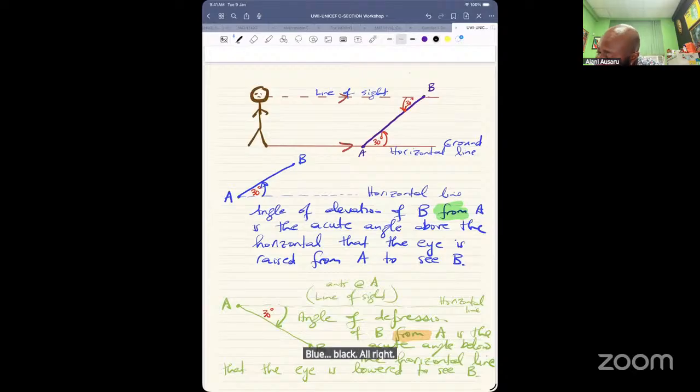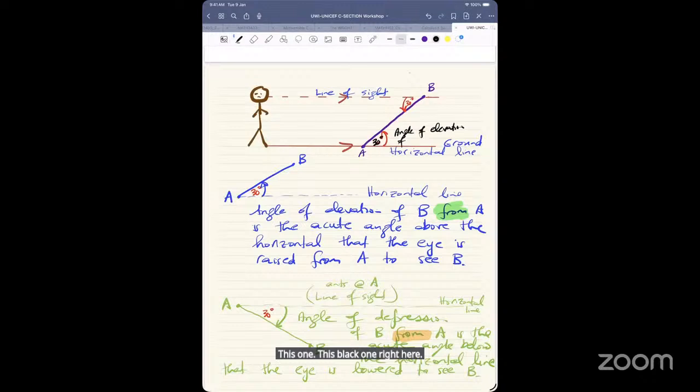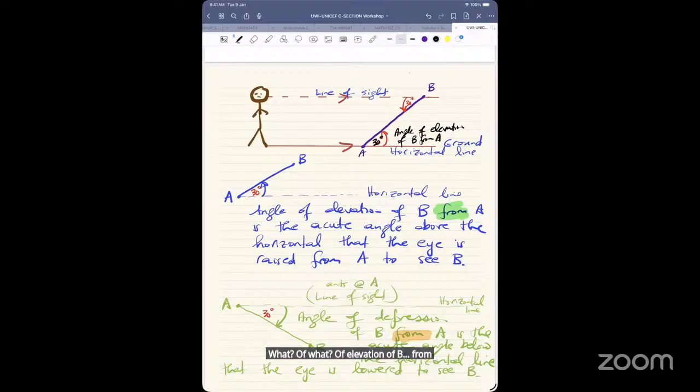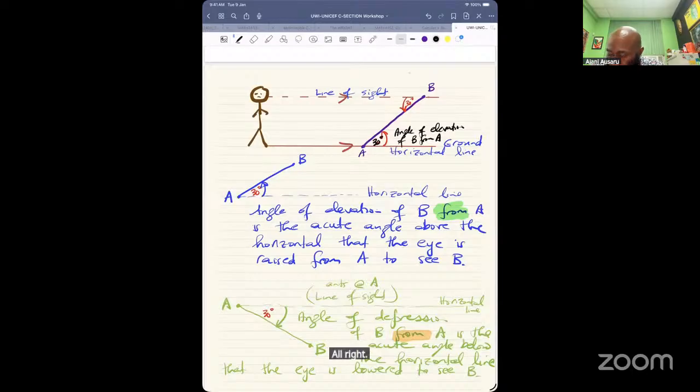So this black angle here is the angle of elevation. Angle of elevation of what? Of B from A. Is that correct? Yes, sir. And it measured 30 degrees, as you can see.